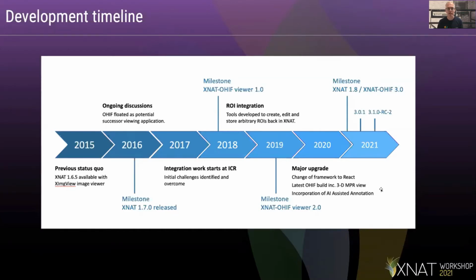We released, at the same time as XNAT 1.8, a new version 3 with whole new features. I'm delighted to announce that since then we've released 3.01, and hopefully Mo can tell us a bit later about the new release candidate for version 3.1, which will be available very shortly, I hope.